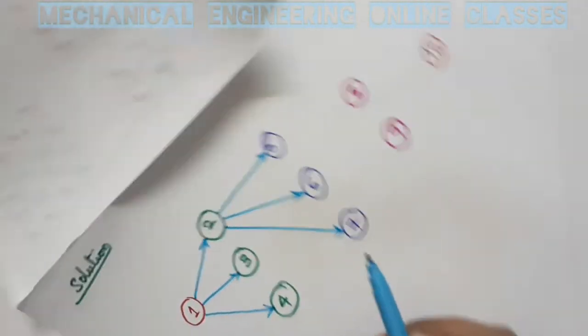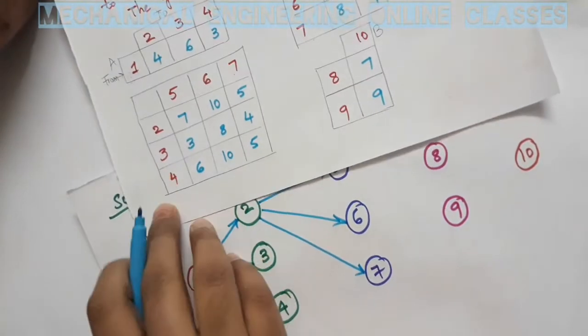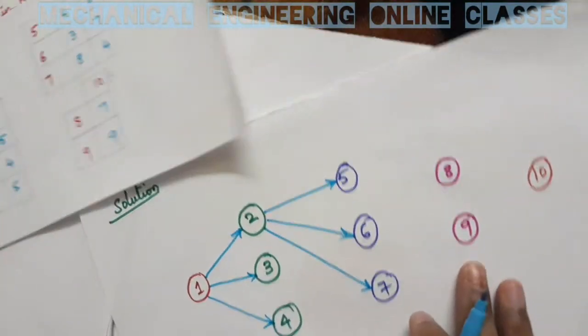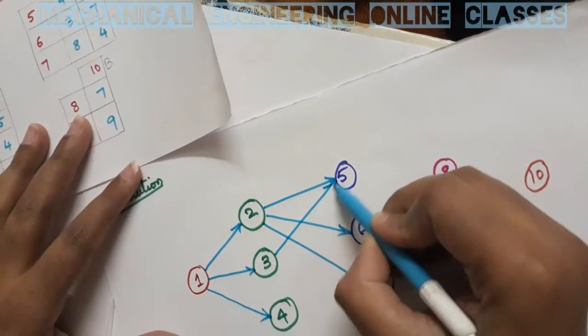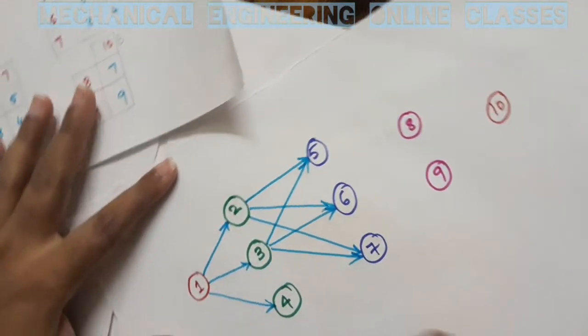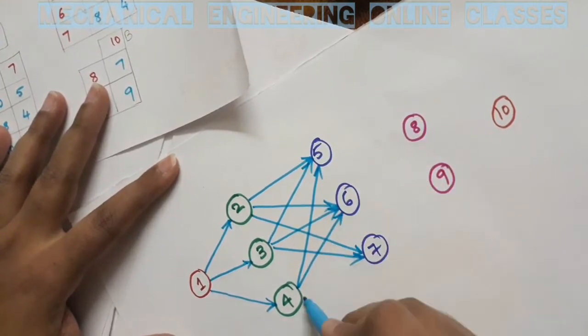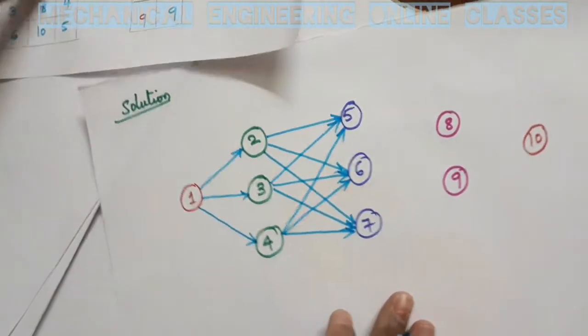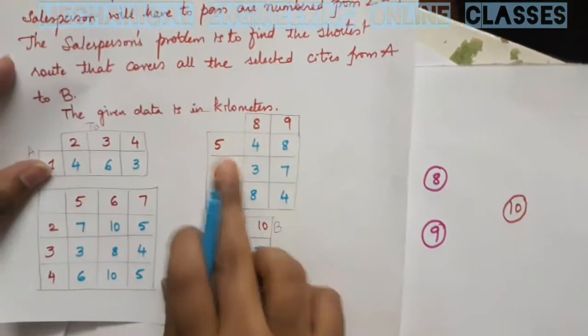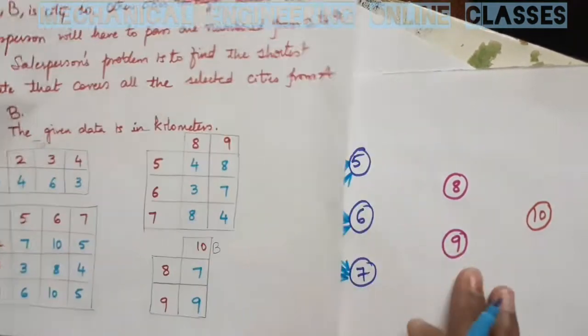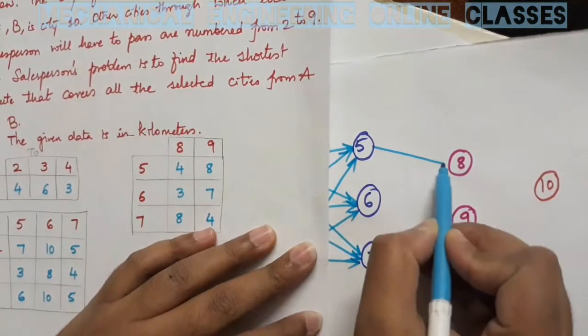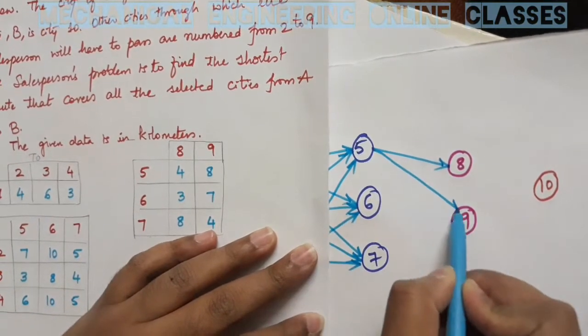So similarly, for 3 and 4 also, there are 3 paths. So I will be drawing these paths also. Now from 5, 6, 7, from 5 I can go to 8 or 9.